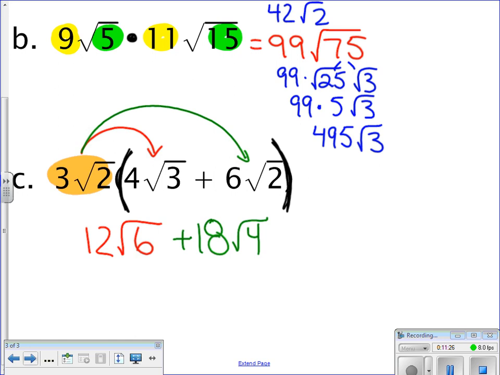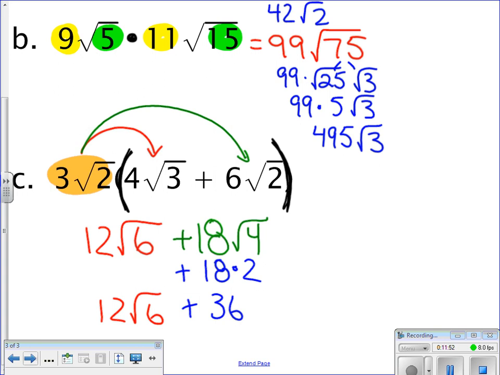Now you should look at that part and try to think, well, what part can I simplify? And the only part that can be simplified is the square root of 4, and you make that into a 2. You then times 18 and 2, and you get 36. With 12 square root of 6, you can't simplify 6. It's only 2 times 3.